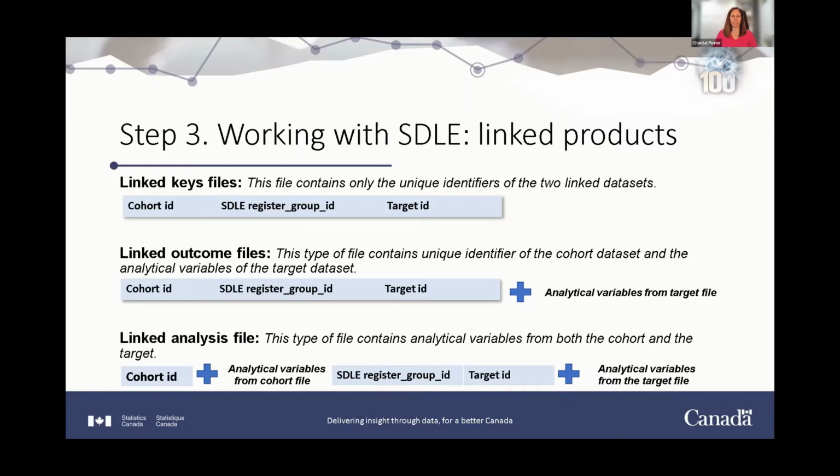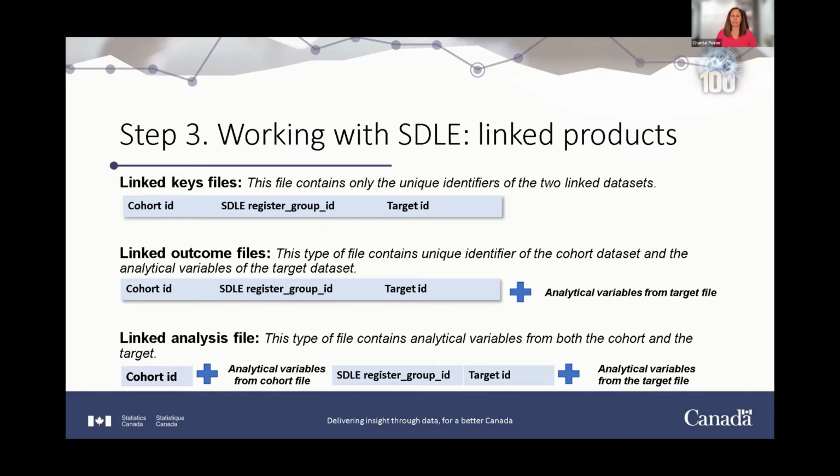When the linkage is completed, SDLE prepares the linked outputs as specified by the researcher. In our products, we always refer to two concepts: the cohort, which is the population to be studied, and the target, which is what you want to know about the cohort. Three products are offered.